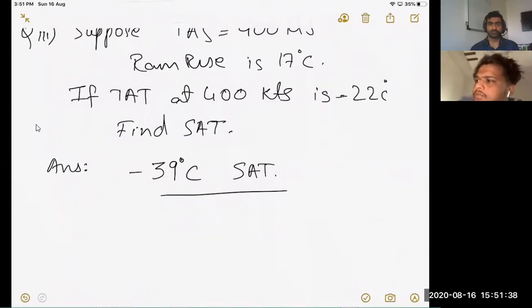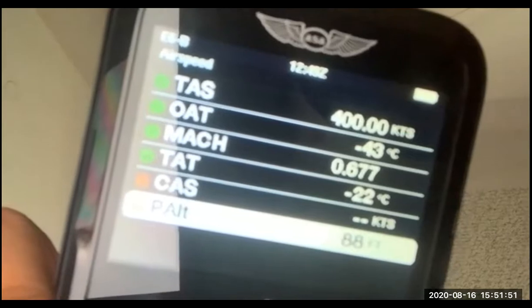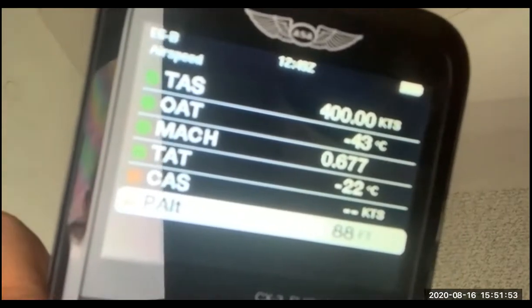Show me on the screen. TAS 400, outside air temperature is actually SAT. So you need to find the SAT. Show me the calci.